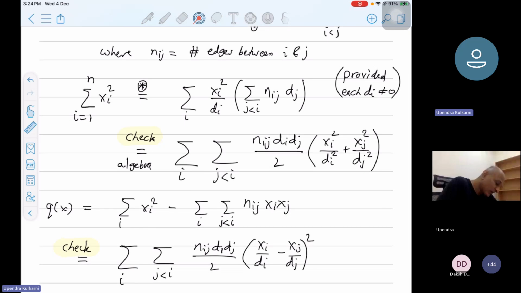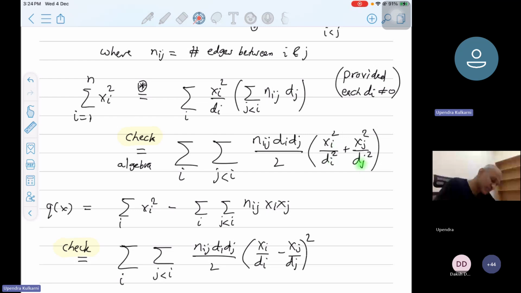Now, all I do is plug this quantity into the definition of q of x over here. I'm just going to plug all of this in, and then you can imagine completing the square.